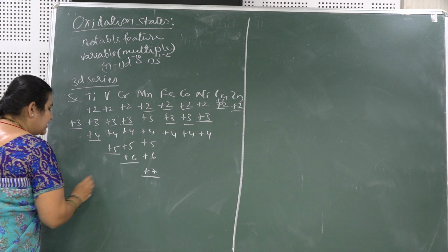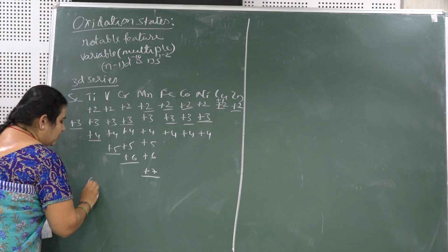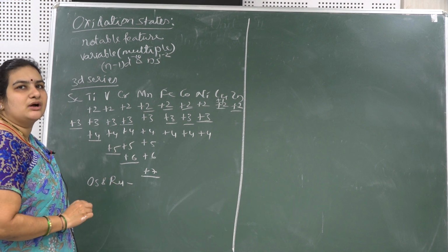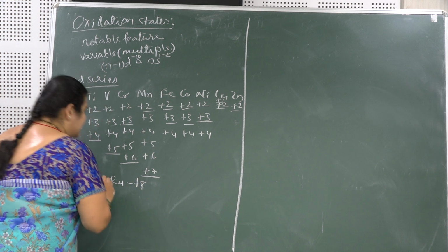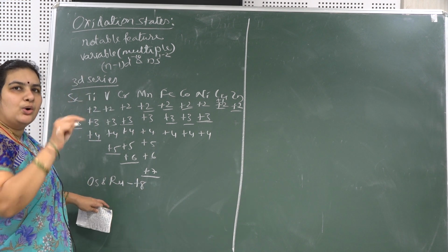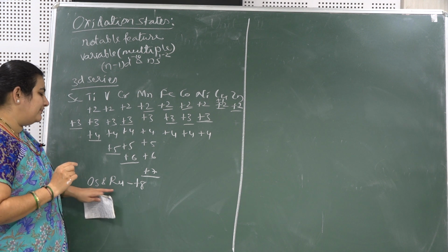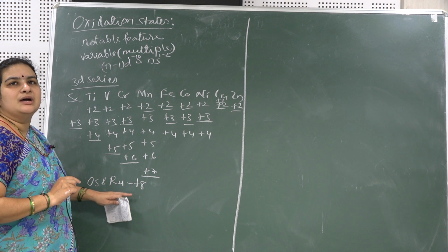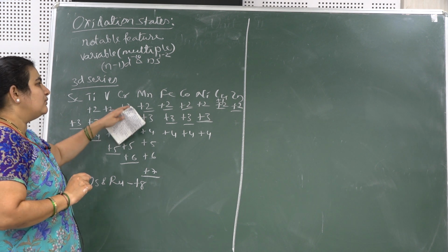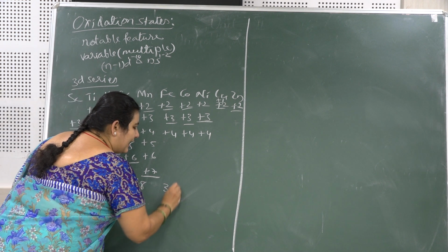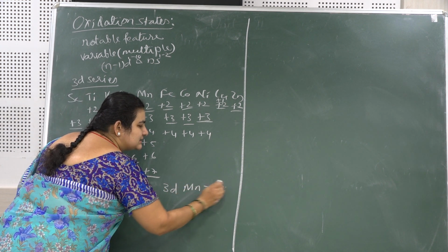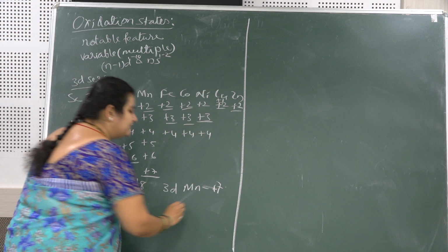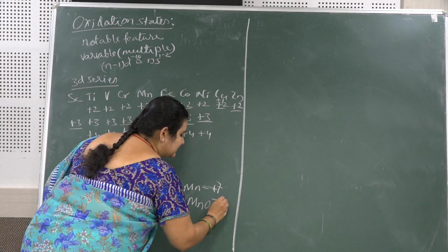In the whole d block, osmium and ruthenium are the two elements showing the highest oxidation state of +8 in their compounds. In the 3d series, Mn shows the highest oxidation state of +7 in its MnO4 minus compounds.